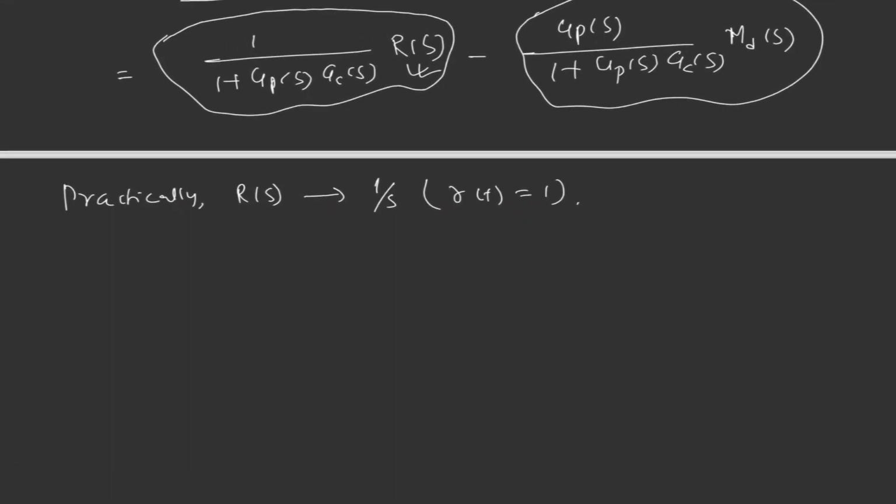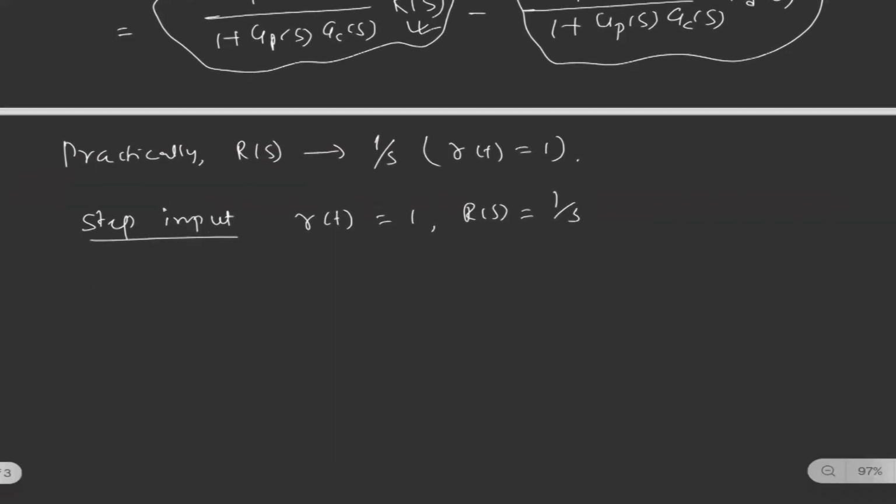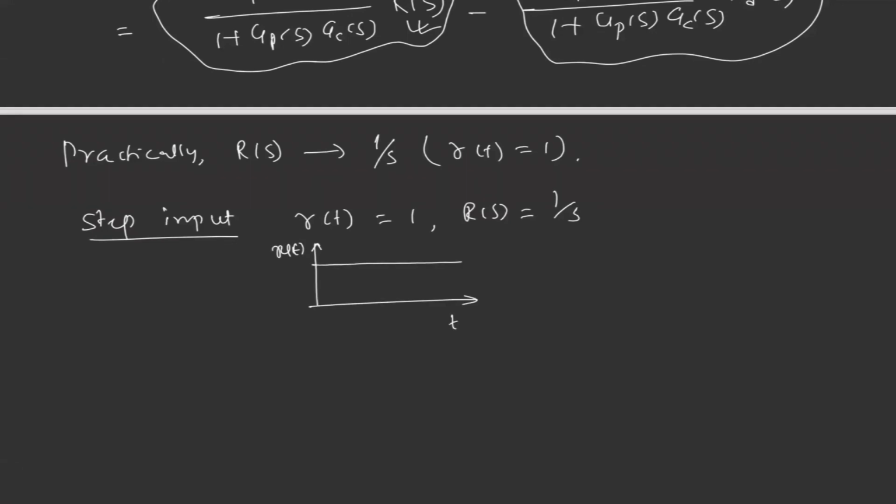Let me start with the step input. This reference signal is useful when R of t equal to 1 and R of s equal to 1 upon s. This is our response, R of t against t, and this is basically 1.